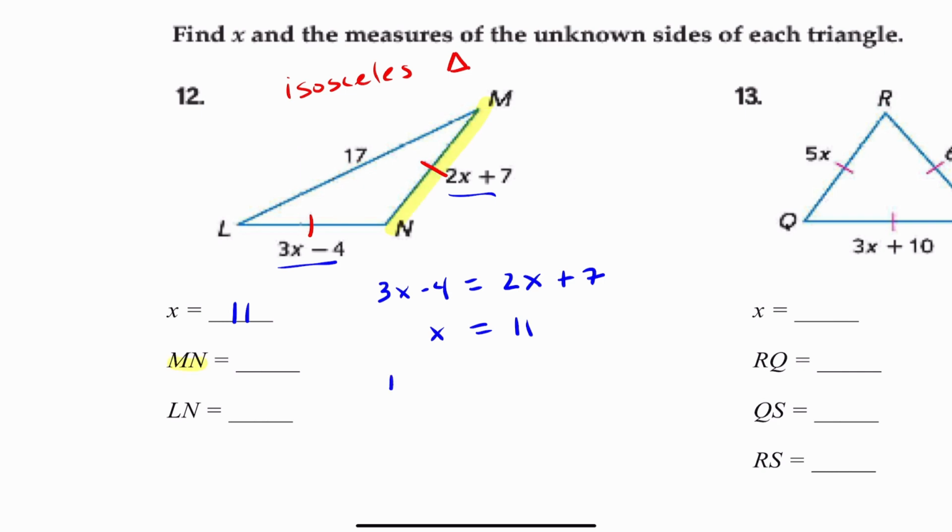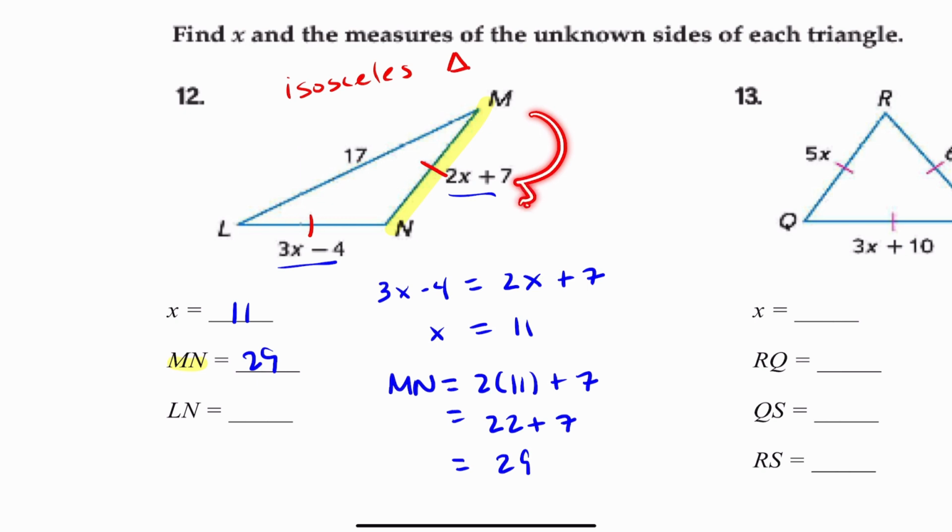So I do 2 times 11 plus 7, which is 22 plus 7, or 29. So that has to be 29. But I need to figure out what LN is. But notice that this and this are congruent.